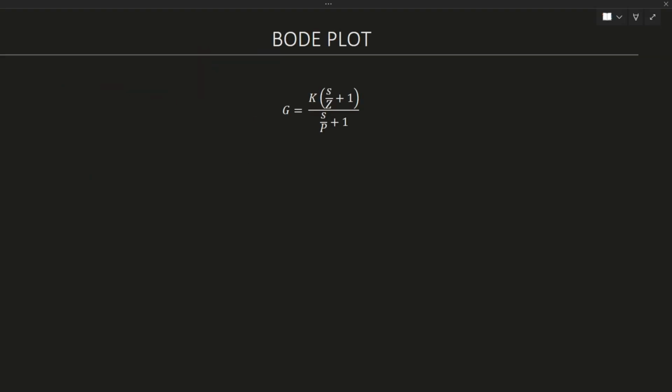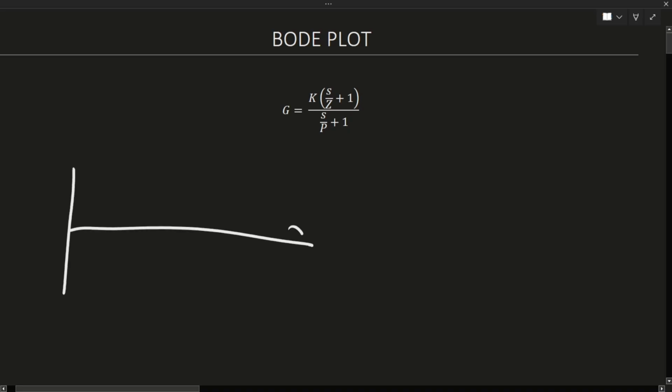So once you've completed step 1 and you have this form, now we could start constructing the Bode plot. In the Bode plot diagrams, you're going to have two plots, one for magnitude, the other for the phase angle. These are going to be on your log scale, and usually the way I draw them is at the origin over here. I start with 0.1, and then 1, and then 10.